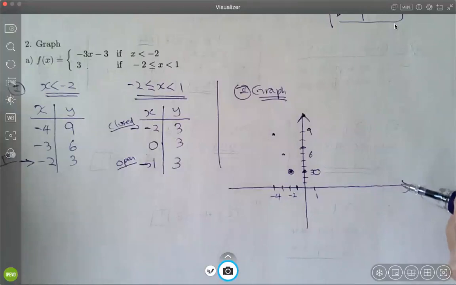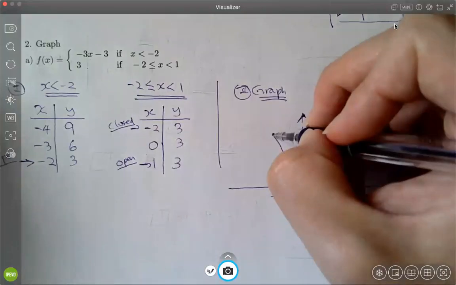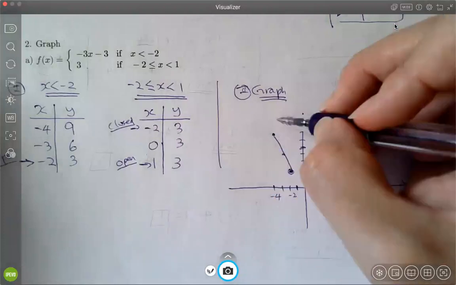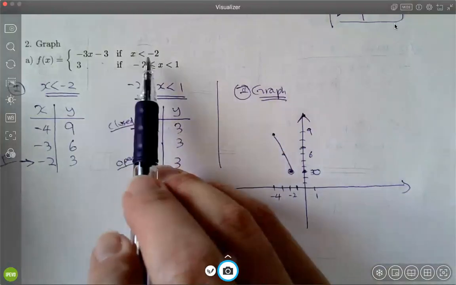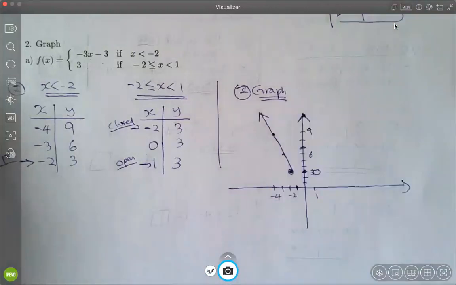So for the first 3 points, we can connect them and we can see that the graph is a line, right? And now, do we extend our graph after this top point, negative 4, 9? We do. And what's the reason? Because the first piece is valid when x is less than negative 2, right? So there has to be a graph after this negative 4, 9 as well.